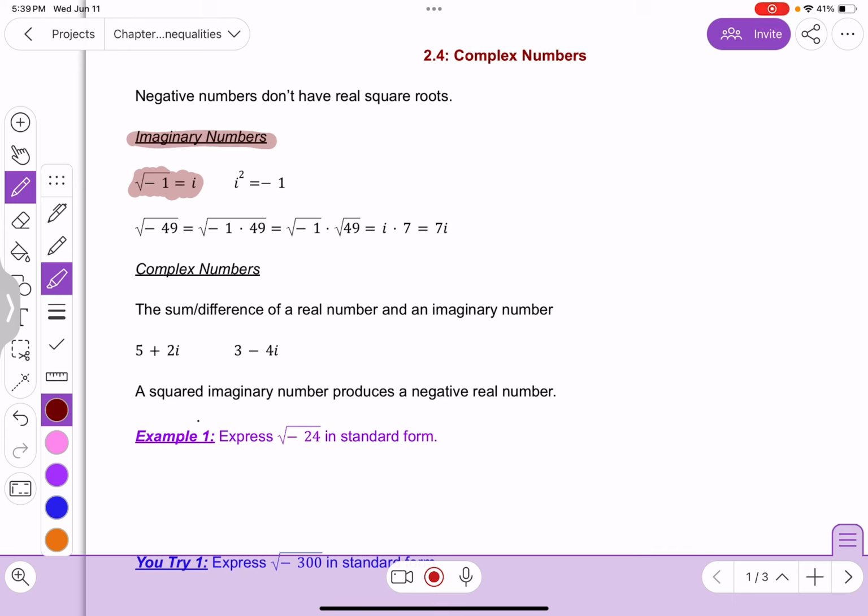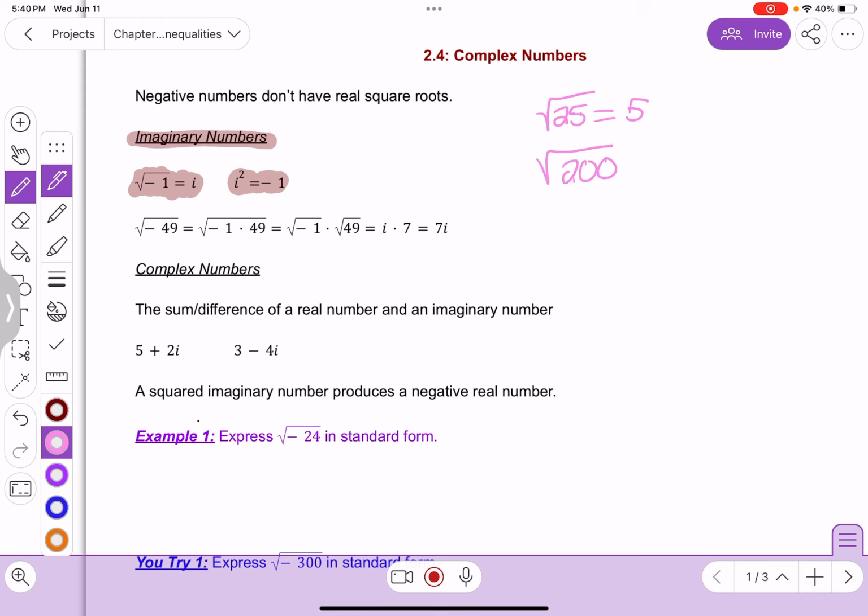So, by definition, if you square i, you get -1. So, i equals the square root of -1, and i squared equals -1. So, if we think of the square root of 25 equals 5, and then reducing radicals, the square root of 200 is like saying the same thing as 100 times 2.